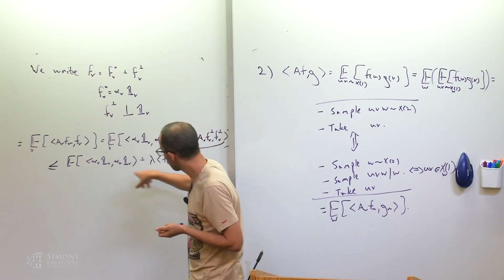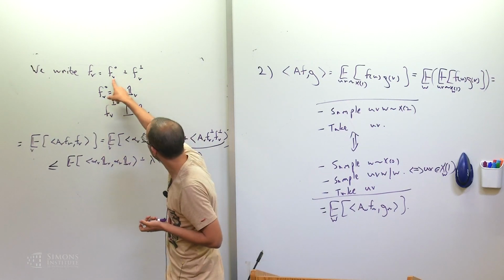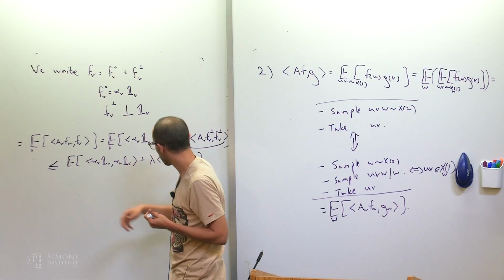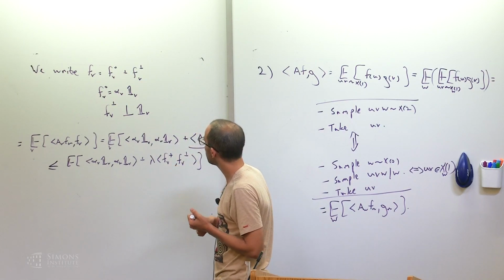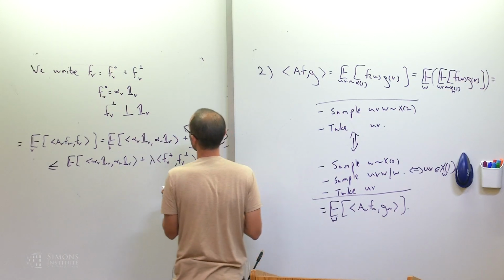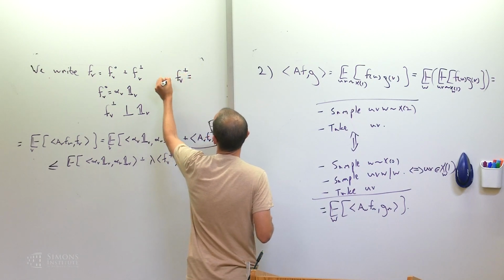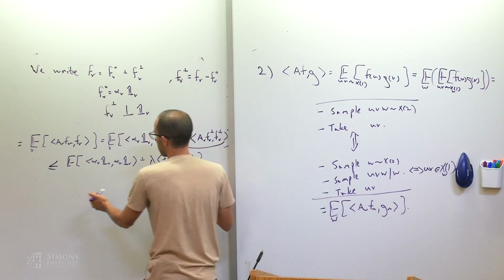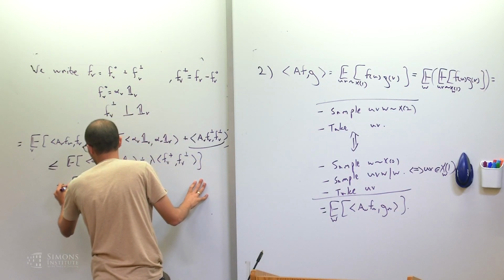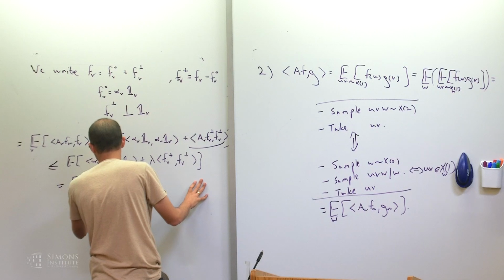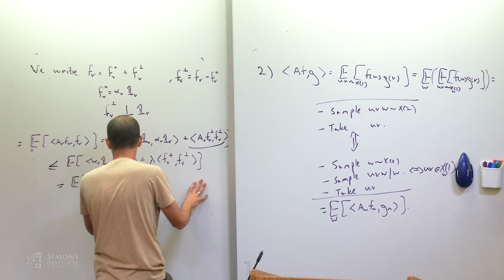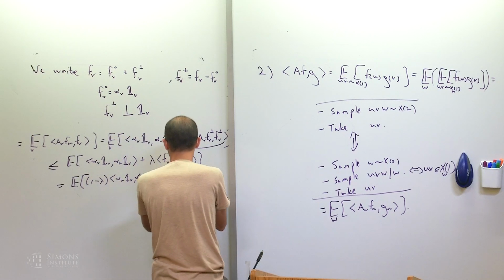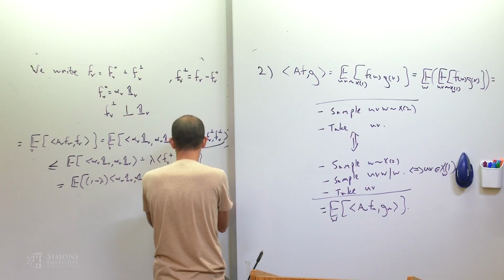Okay, so now I have two parts that I need to calculate. What is this fv_perp, and what is this fv0? What is this alpha v, the scalar that appears here inside of the inner product? So fv_perp we will just write as fv minus fv0, and then we can rewrite this as the expectation of 1 minus lambda times the first term, plus lambda times fv inner product fv.